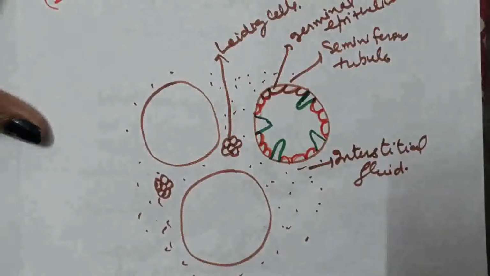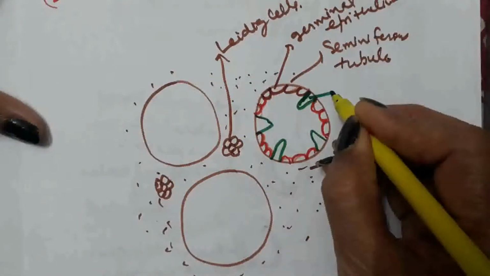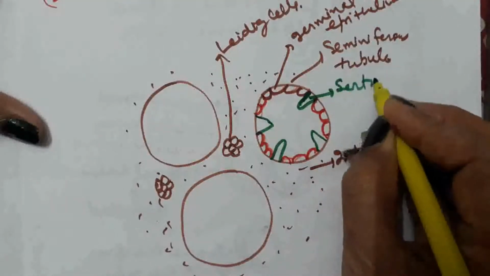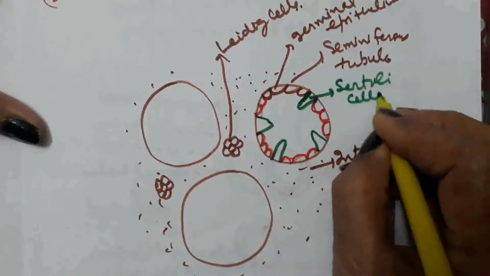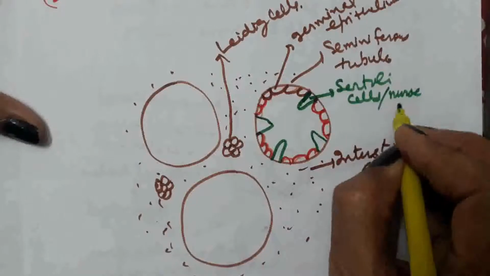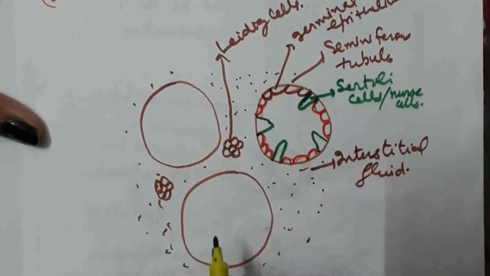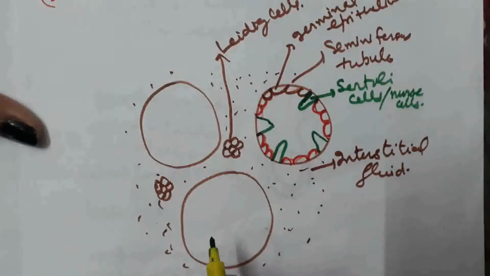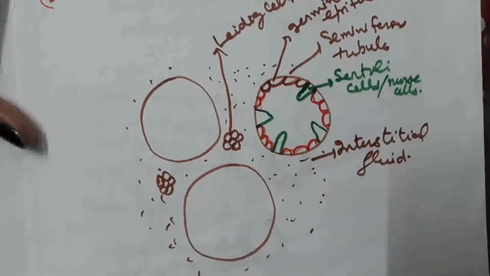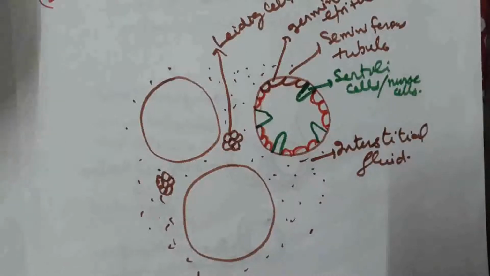The other type are the elongated, conical cells, which we call Sertoli cells, and we call them nurse cells as they provide nourishment to the developing sperm in the process of spermatogenesis. Sertoli cells are the nurse cells which provide nourishment to the developing sperm.